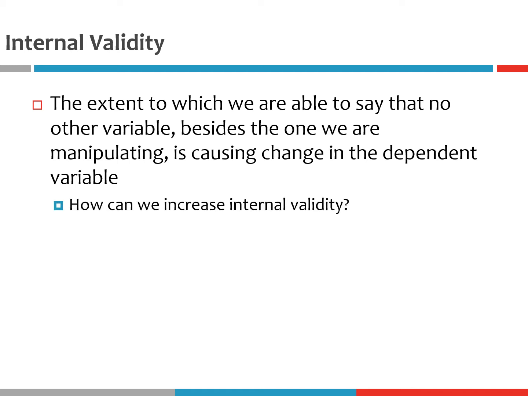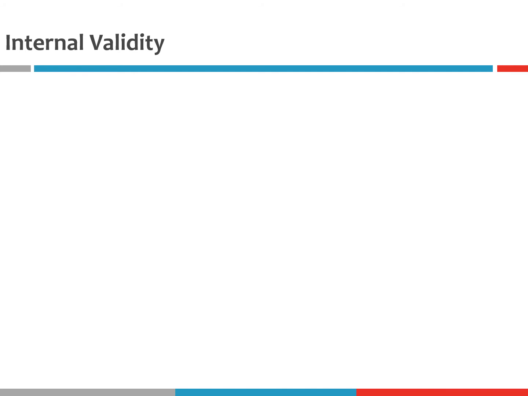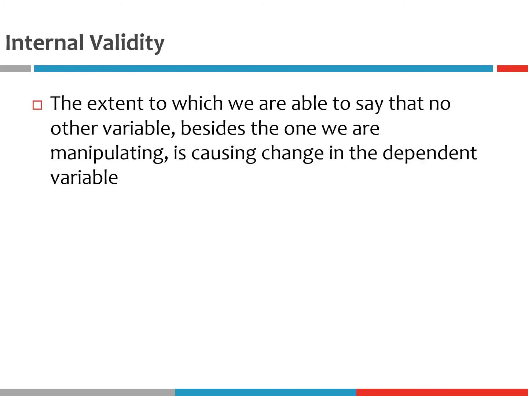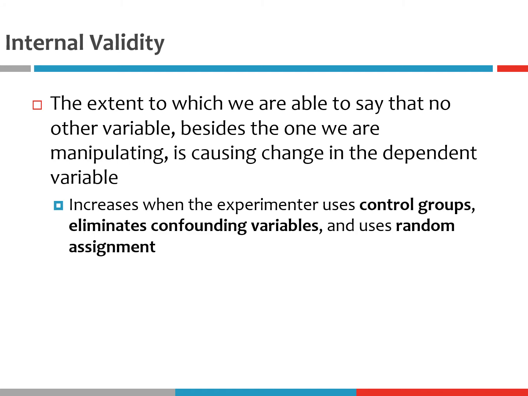So how can we increase internal validity? Well, if you think back to my very first video about experimental designs, one of the best ways we can ensure that only the variable that we're manipulating is causing change in the dependent variable is to be mindful of things like confounding variables, right?